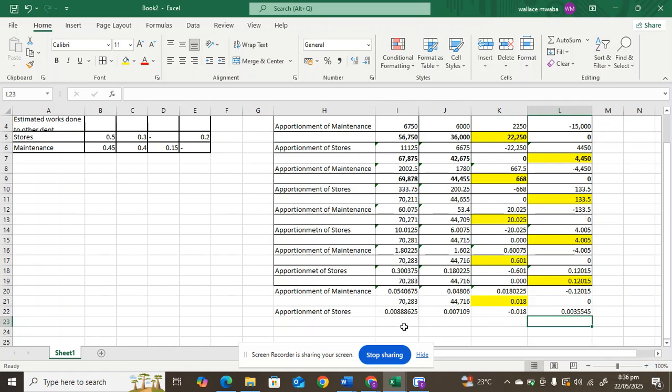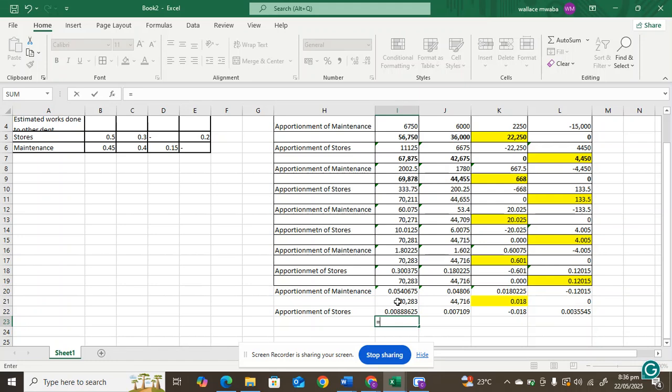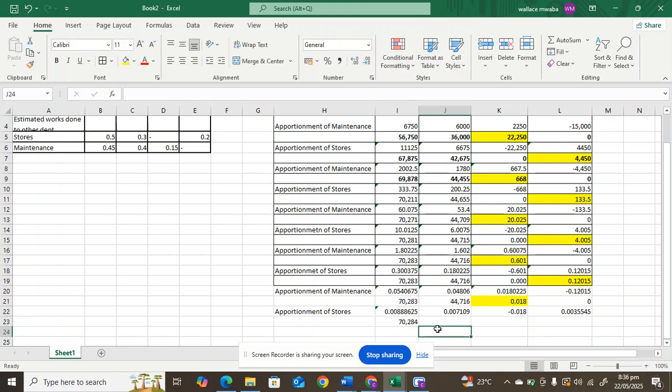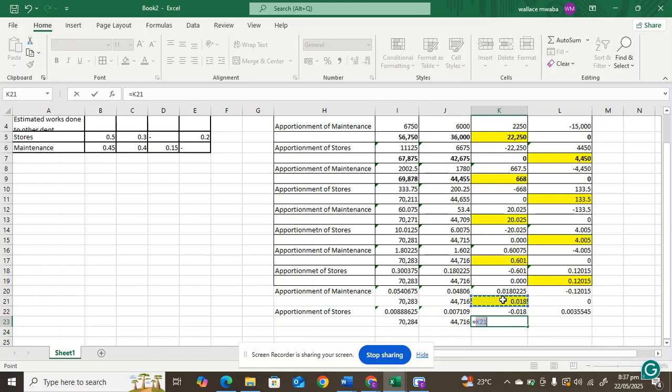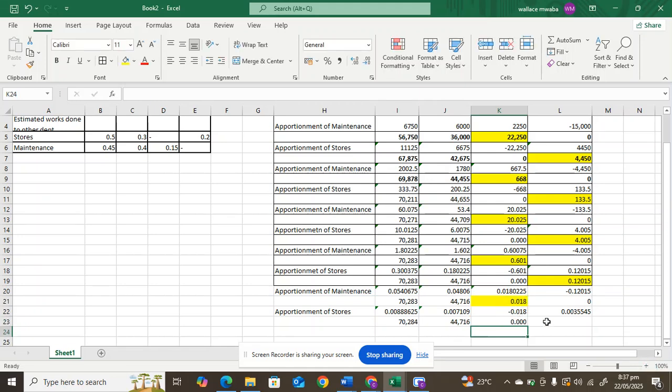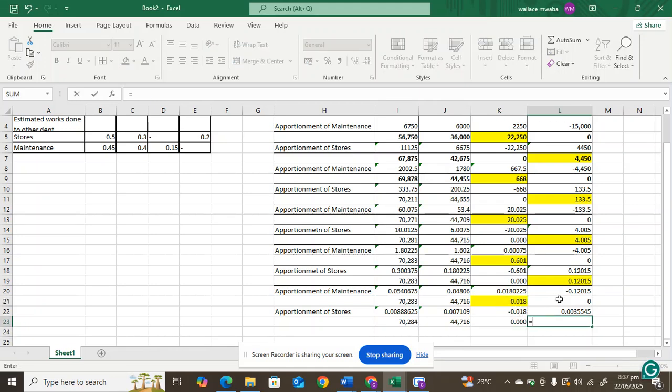Okay, so we get our new totals. Basically, we can end here because the overhead is really significantly small.